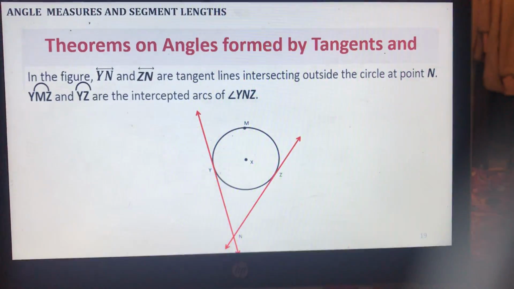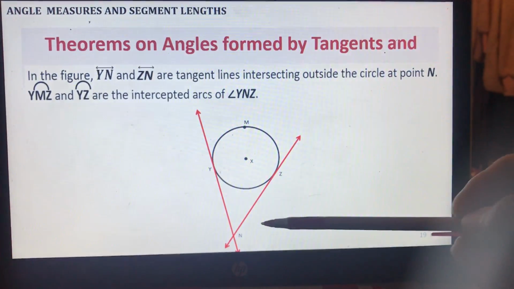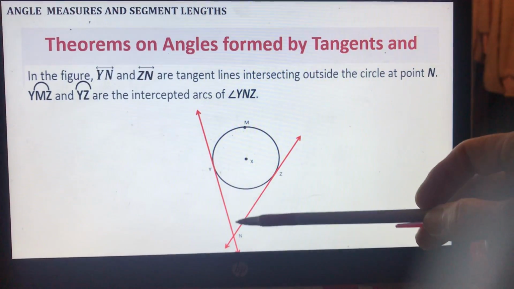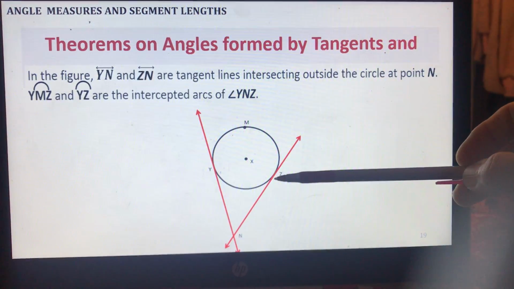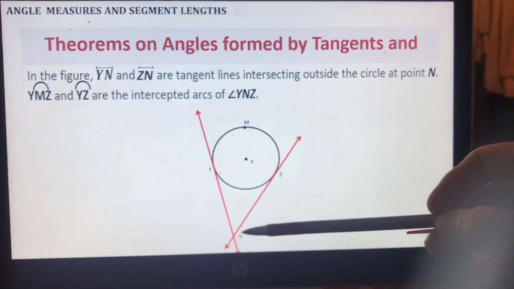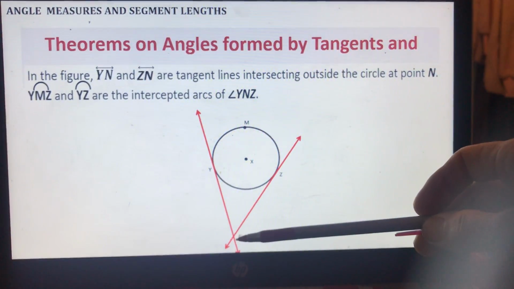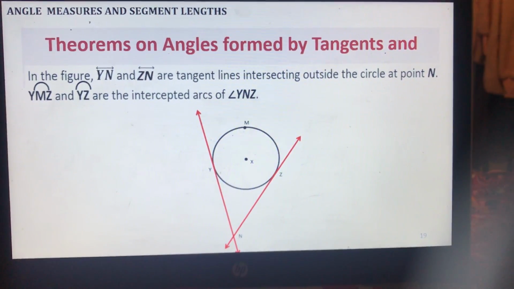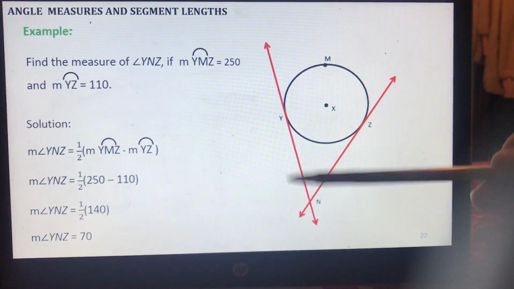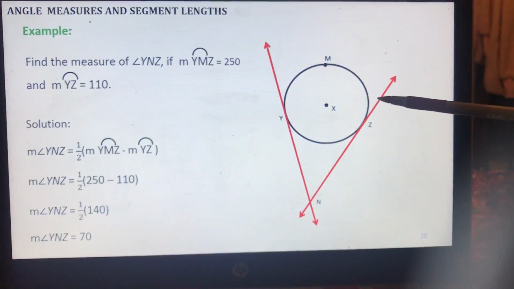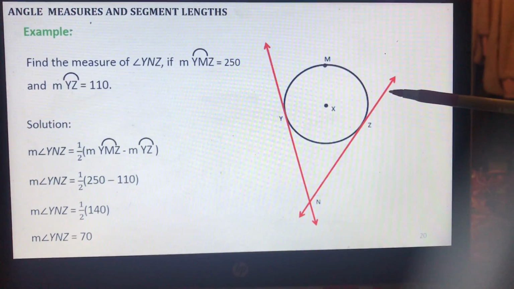So that means that the angle formed, which is YNZ, the angle formed as the product of the intersection of the two tangent lines, is going to be, again, equal to 1/2 of the measure of the intercepted arcs.